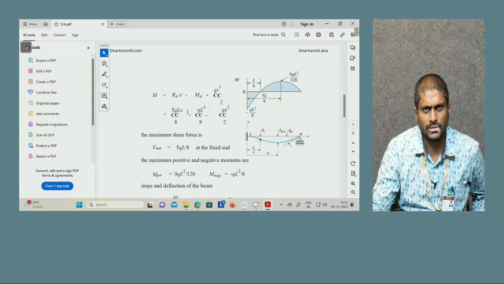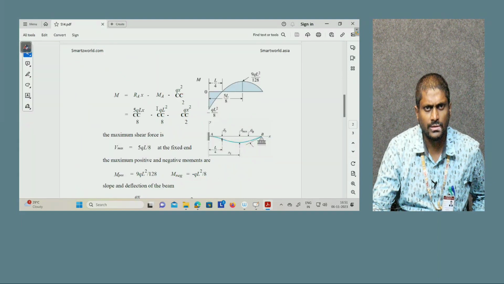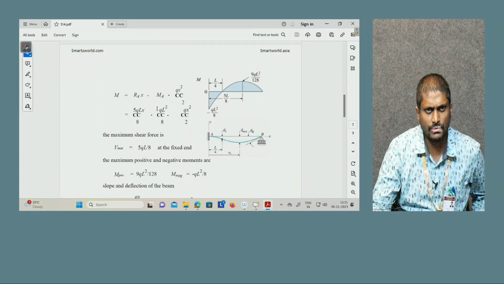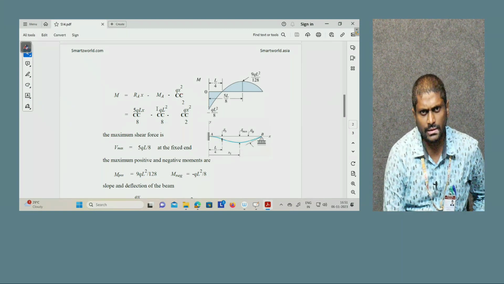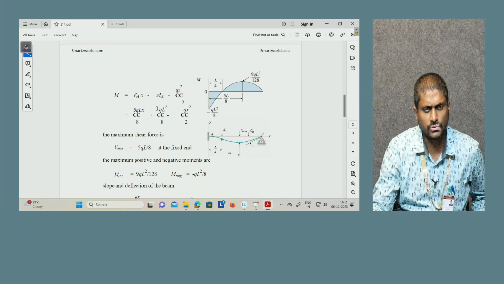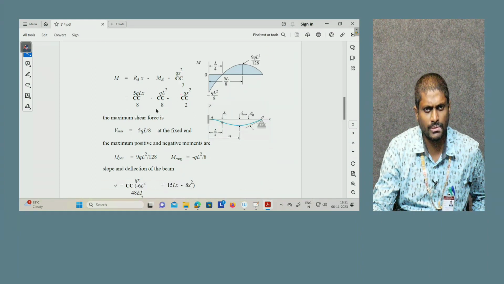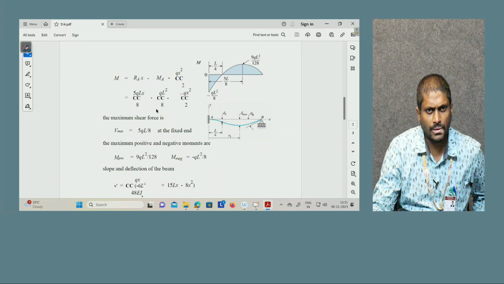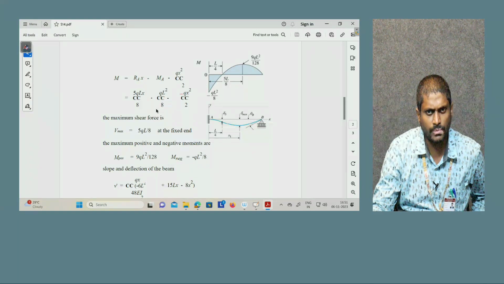Then M equals RA into x minus MA minus qx square by 2, which equals 5qLx by 8 minus qL square by 8 minus qx square by 2. The maximum shear force is Vmax equals 5qL by 8 at the fixed end. The maximum positive and negative moments are M positive equals 9qL square by 128 and M negative equals minus qL square by 8.